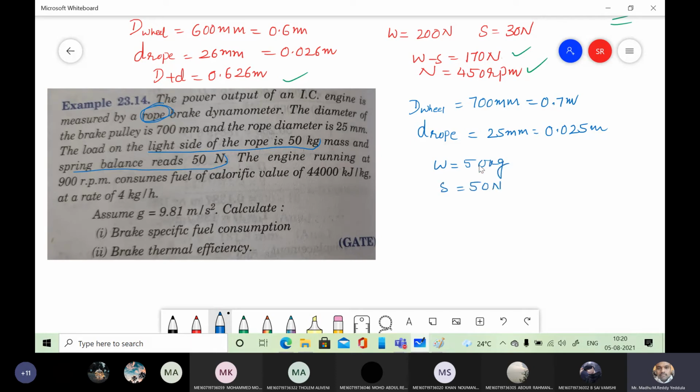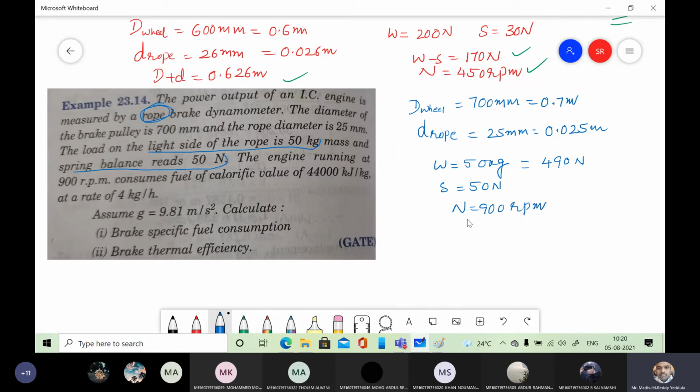Spring balance is S. So W is 490 Newton. You should take 9.8. Okay, it's right. And the engine is running at 900 RPM.